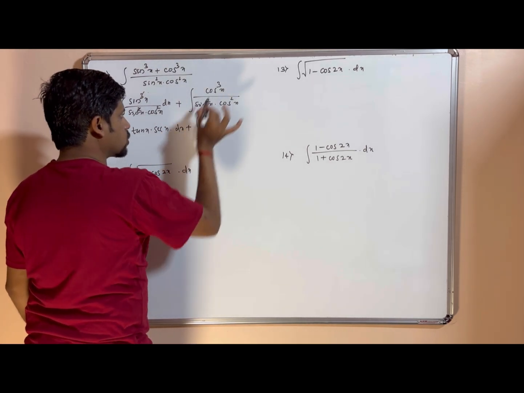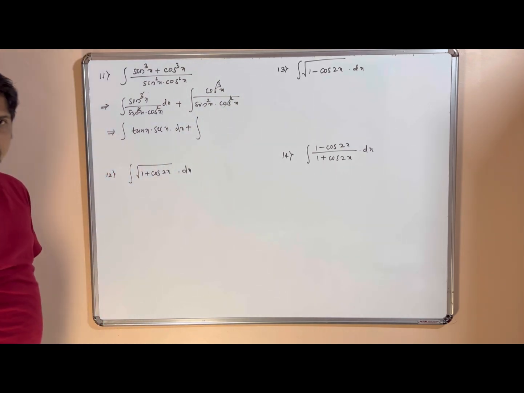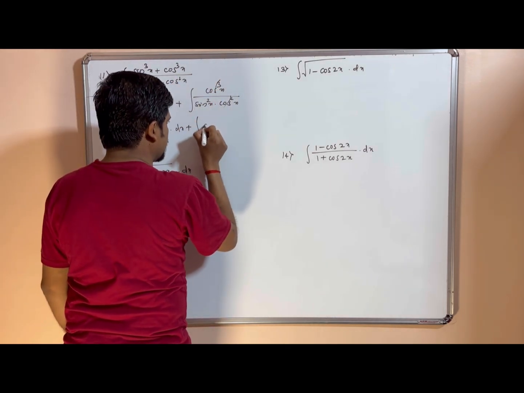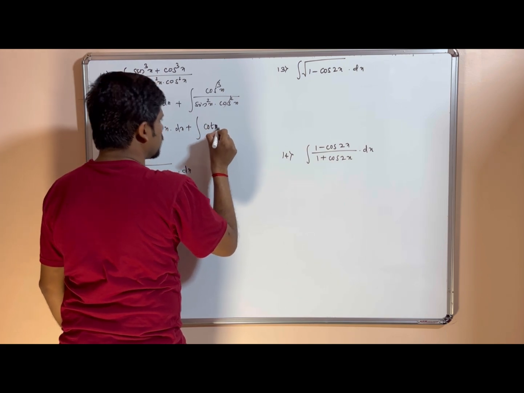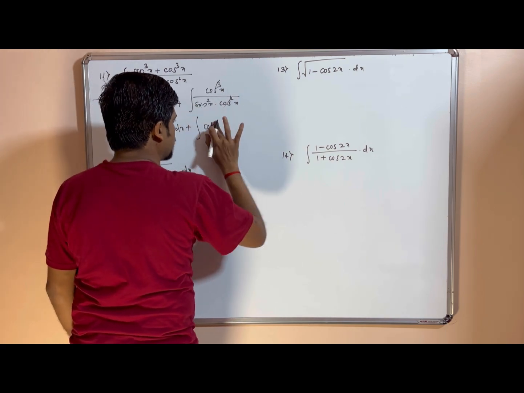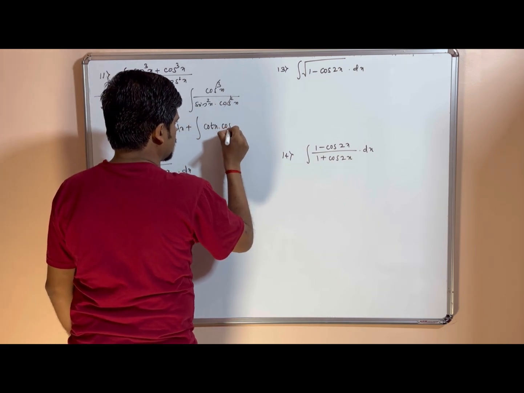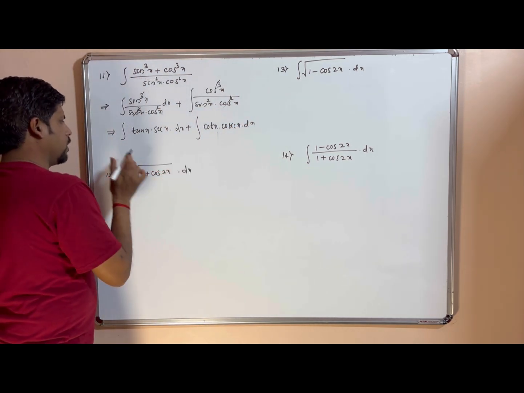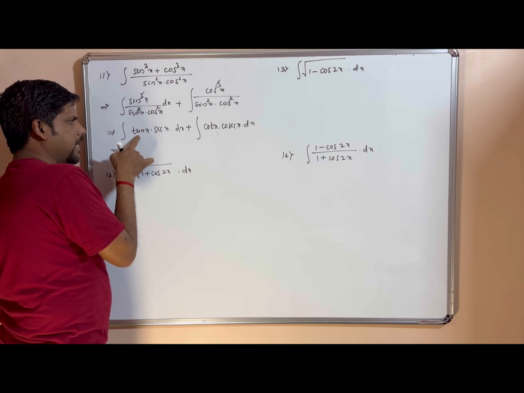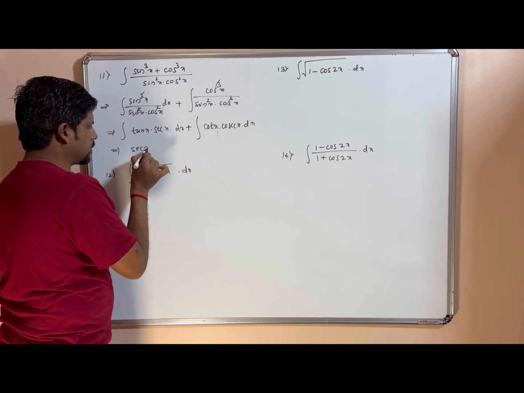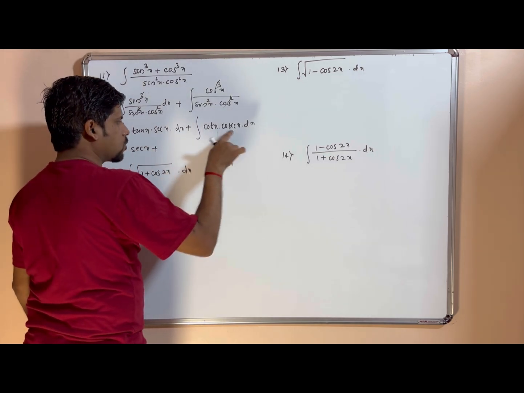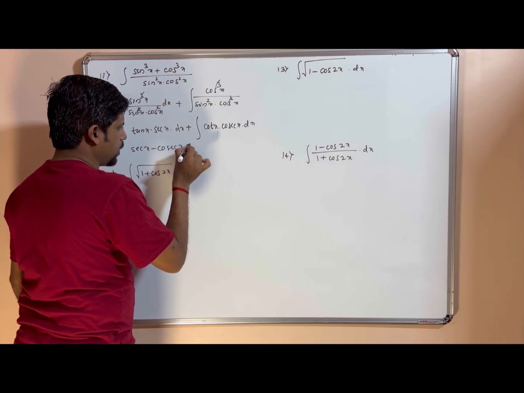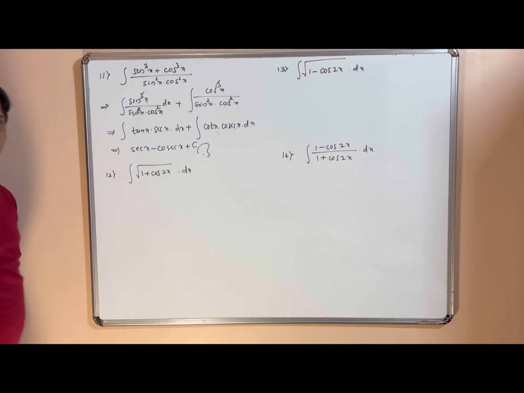Plus integration of cos cube, cos square cancel, 1 cos x with sin square x, cos by sin is cot x, 1 by sin is cosec x, into dx. We have directly integration of tan x into sec x is sec x, plus cot x into cosec x is minus cosec x, plus c, which is the required solution.